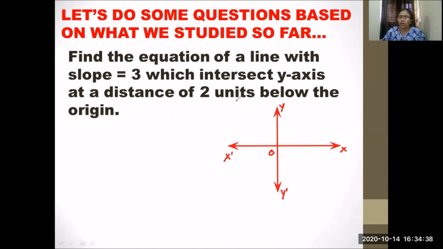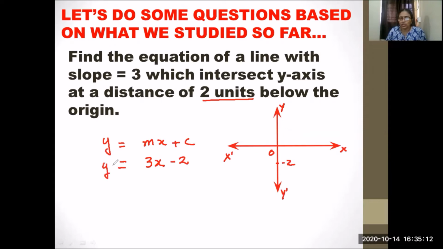So you got the answer for your question. 2 units below the origin, so it will be negative 2. So it is passing through negative 2 and it has a slope of 3. Now you just have to put the values of slope and y-intercept in y is equal to mx plus c. Slope is 3, so 3x, and y-intercept is minus 2.